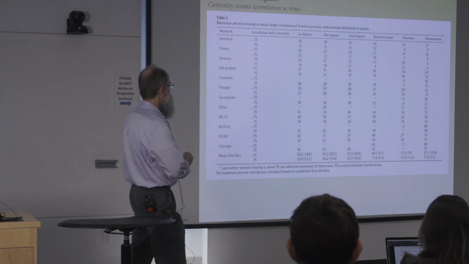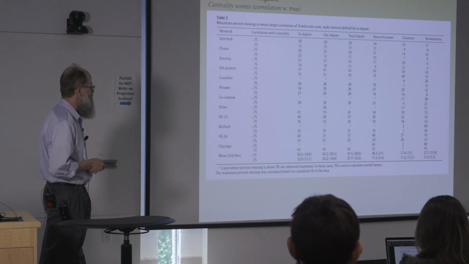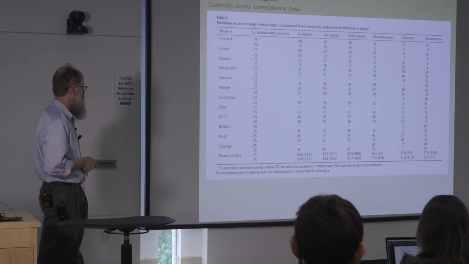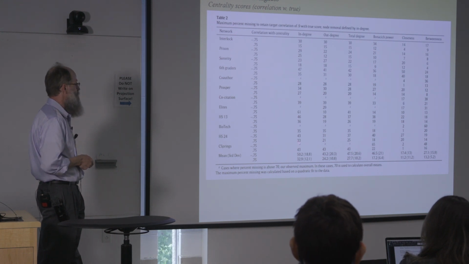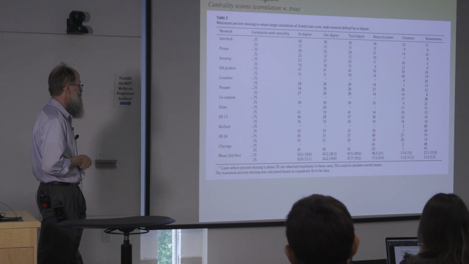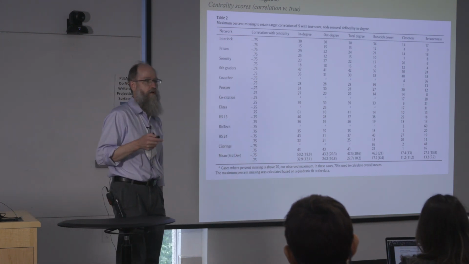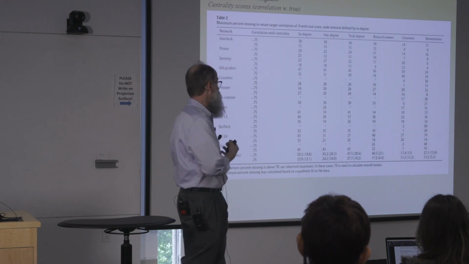Right? So that's the way you read this table. And in a lot of these cases out here, for example, what this is telling me is that if I'm removing this score, I could remove up to 70% of the cases and still have a correlation that's greater than 0.9. So this is exactly what this table is meant to do.